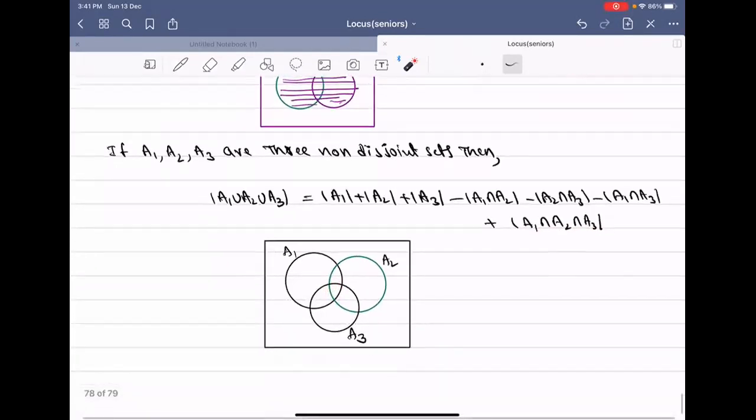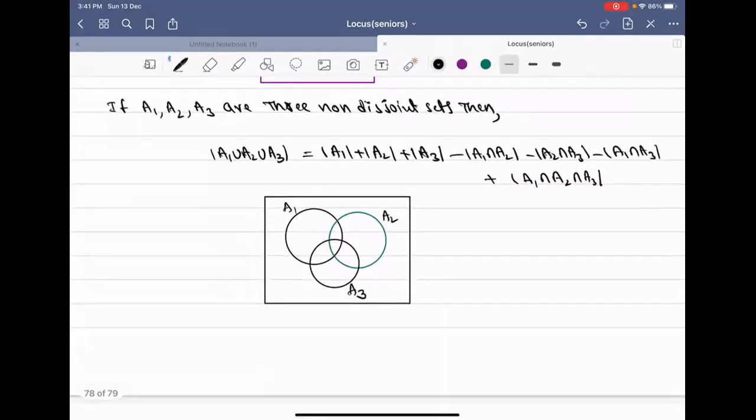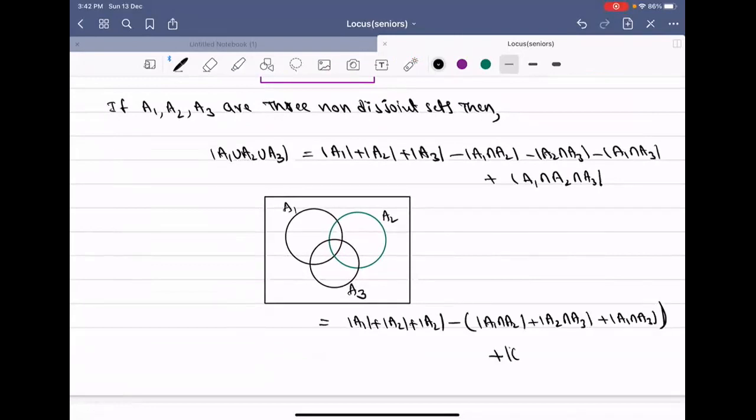This is called the principle of inclusion exclusion for three sets. You can write it like this: the number of elements in A1, A2, A3, minus the sum of A1 intersection A2, A2 intersection A3, A1 intersection A3, plus the number of elements in A1 intersection A2 intersection A3.